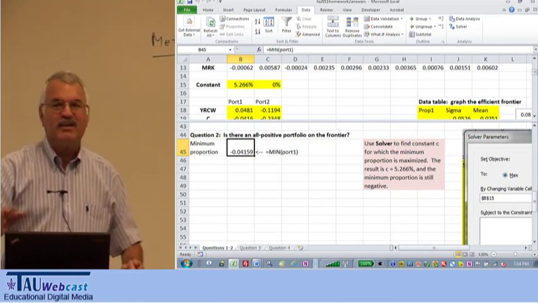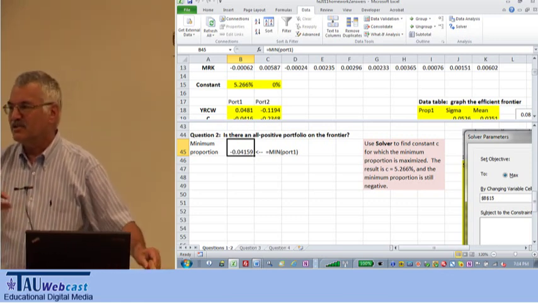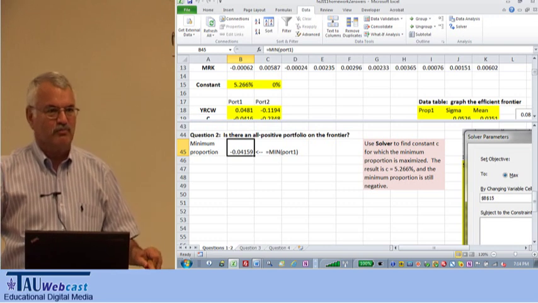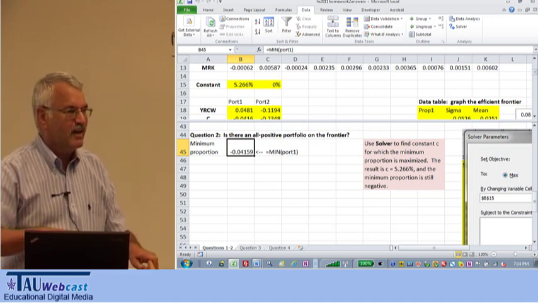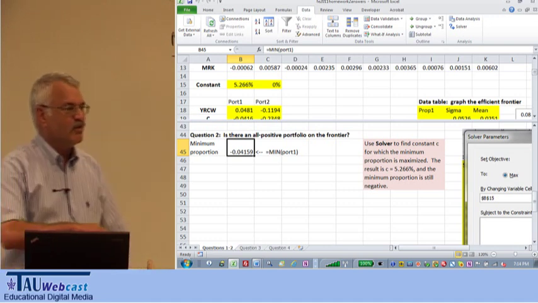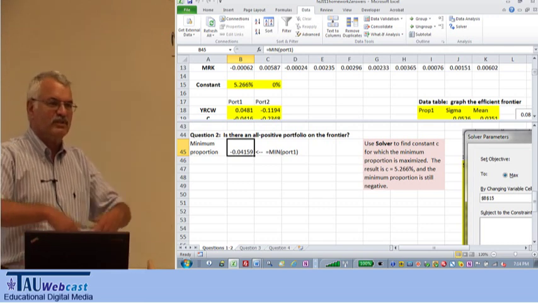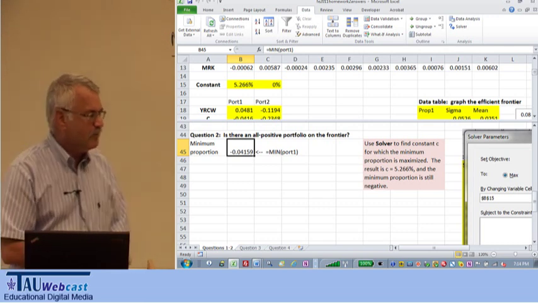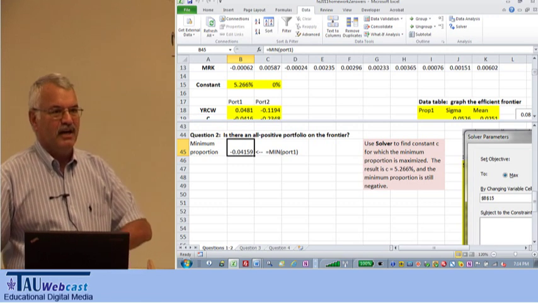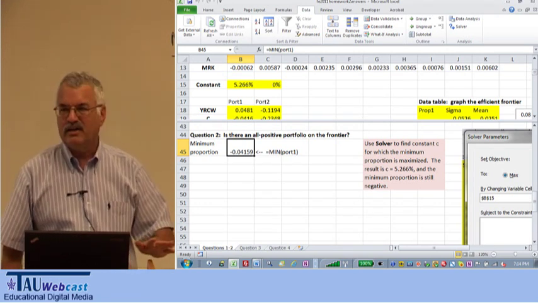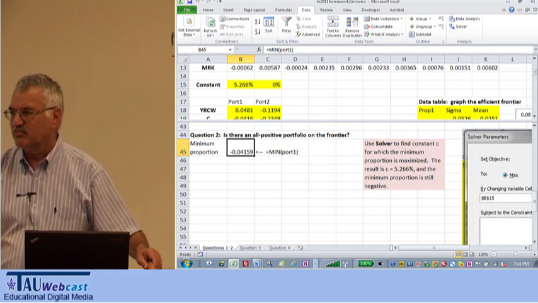Okay, so that's the method. I've been teaching this particular version of this course for about 5 or 6 years. Every year I do the same thing. I pick 10 stocks that I happen to remember their stock symbols, and I do 60 months of data, and I always get the same result.